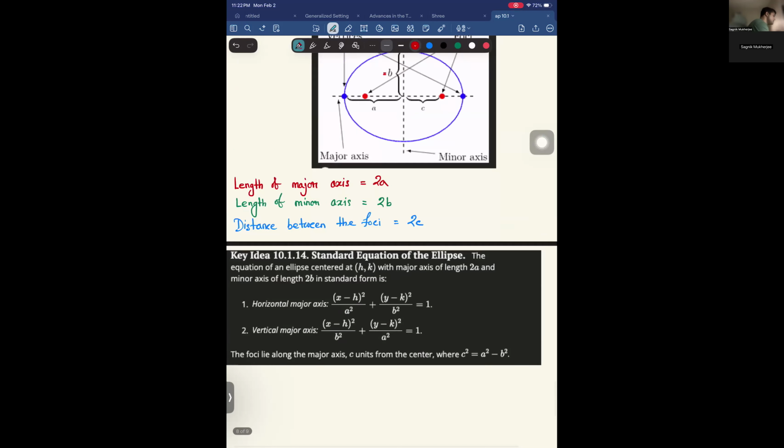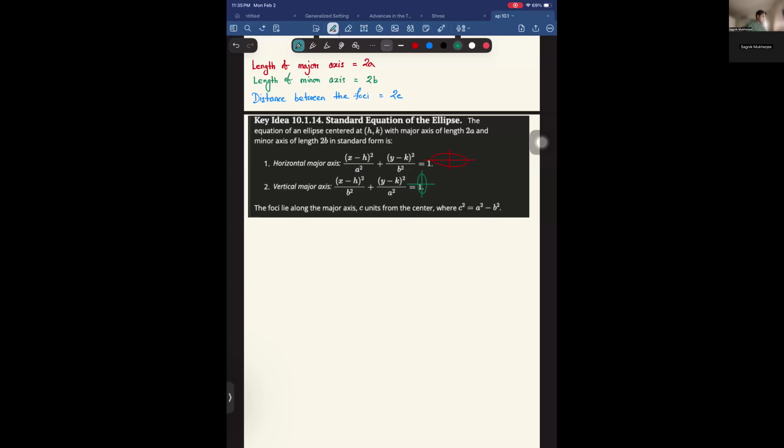So for example, in this case, this first equation is about an ellipse that is horizontal, meaning the major axis is horizontal. And what about this one? This is the major axis being vertical. I'm sorry. All right.